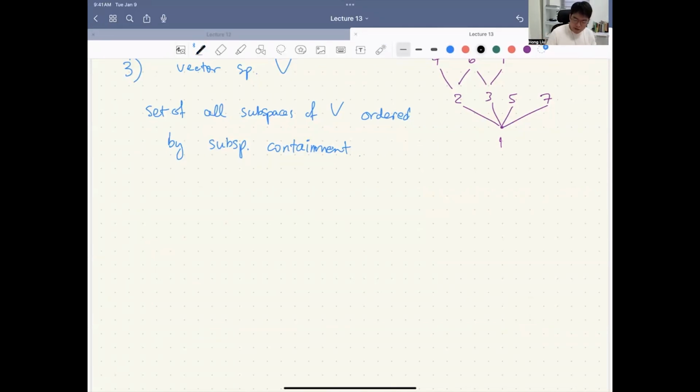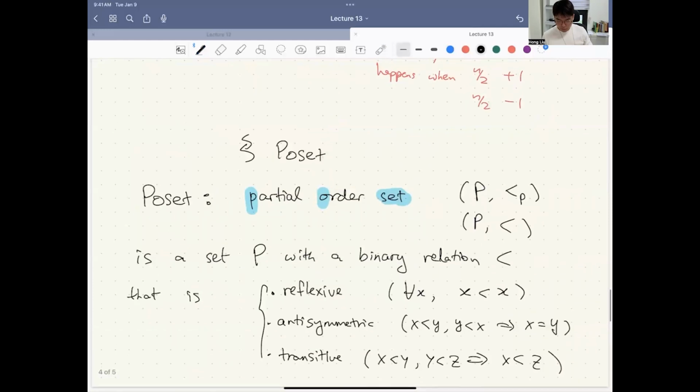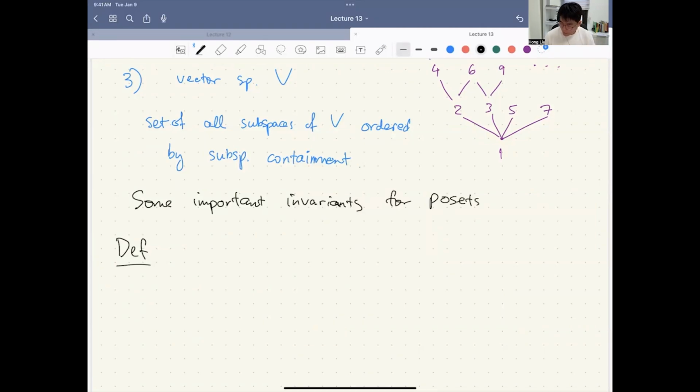Good. Let's define some natural invariants for posets. What are the important invariants? Given the poset P and binary relation, we've already seen anti-chain.